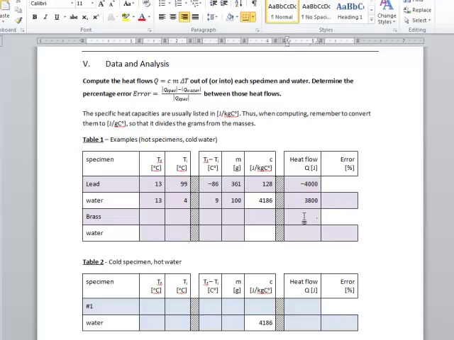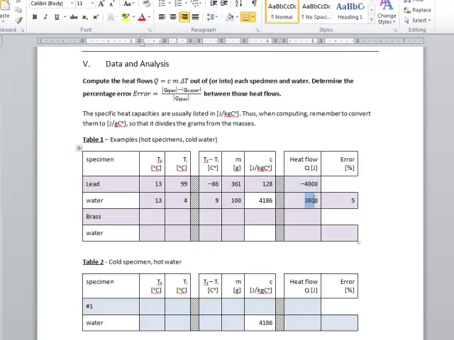The difference of the absolute values of these two is 200, and I divide that by, again, the absolute value of 4,000, and I come up with 0.05, and that's an error of 5%. I think you can see that the error between these two is 5%.